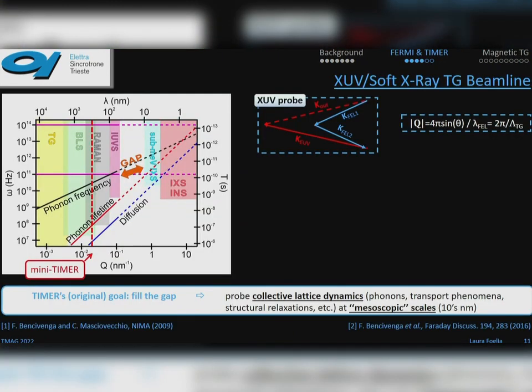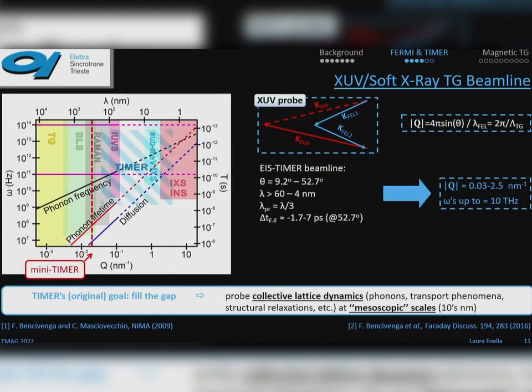Source, beamline. So the transient grating beamline was built in order to fill this so-called mesoscopic gap. So there is a gap basically in the momentum energy diagram where all the available scattering techniques cannot work, which is exactly the interesting length scale for studying glasses and amorphous systems.